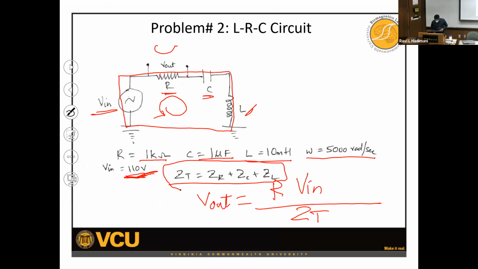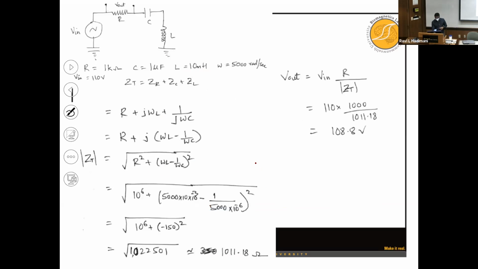So let's substitute the individual impedances here. Impedance of the capacitor we know is 1 over j omega C, the impedance of the inductor is j omega L, and the impedance of the resistor is just R. If you substitute that, this is what you get.